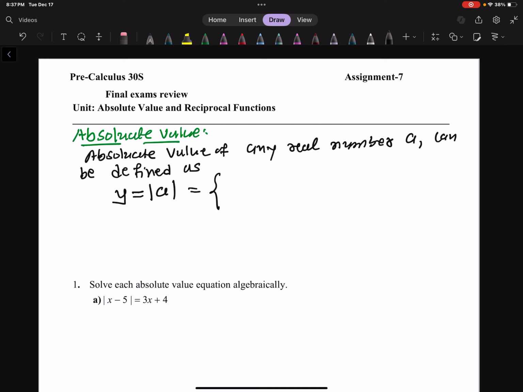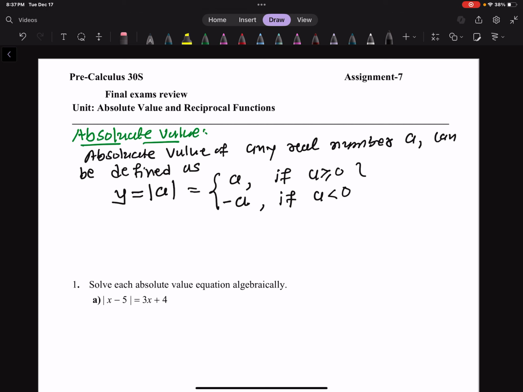It stays as it is if it is greater than or equal to 0. We need to take the opposite if it is less than 0, and this is called a piecewise function.